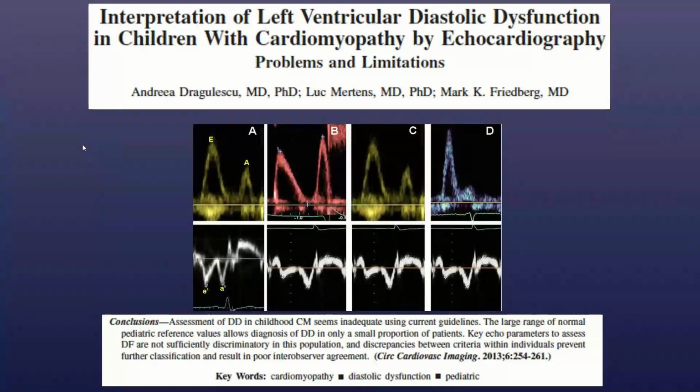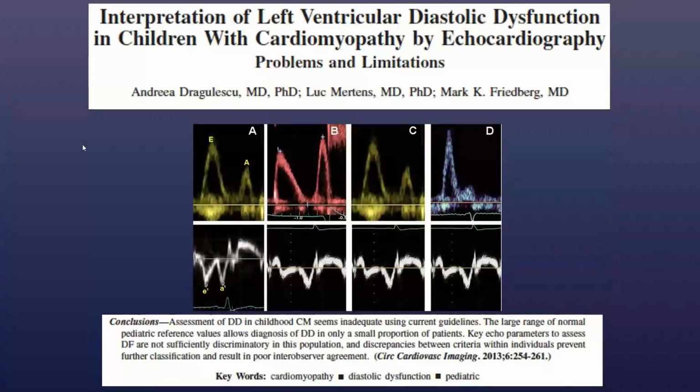But unfortunately, the conclusion of the study was rather disappointing because the assessment of diastolic dysfunction in childhood is inadequate using current guidelines. Indeed, there is a large range of normal pediatric reference values that allows diagnosis of diastolic dysfunction only in a small proportion of patients.